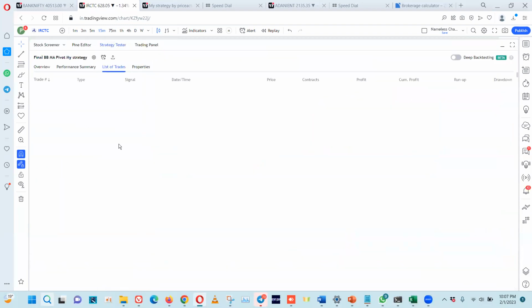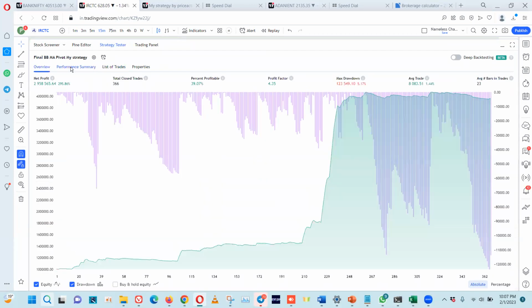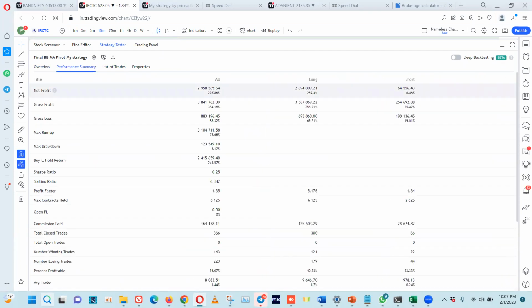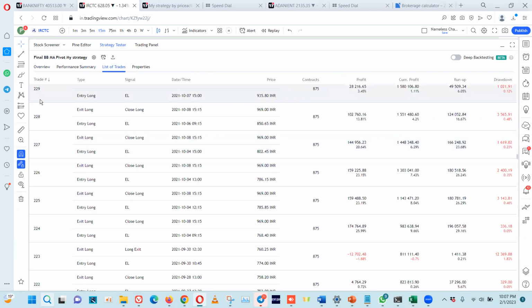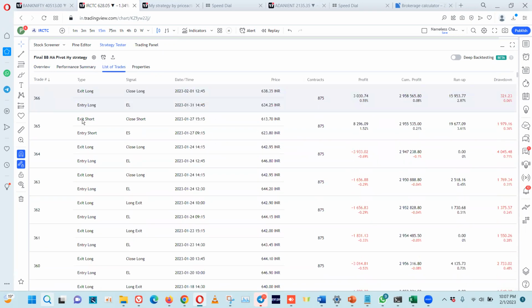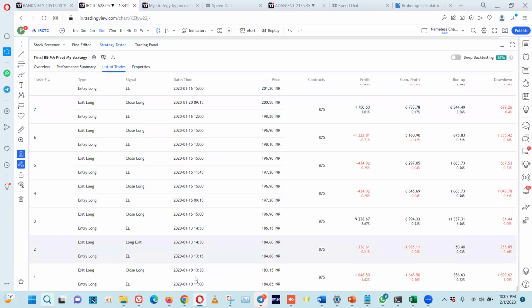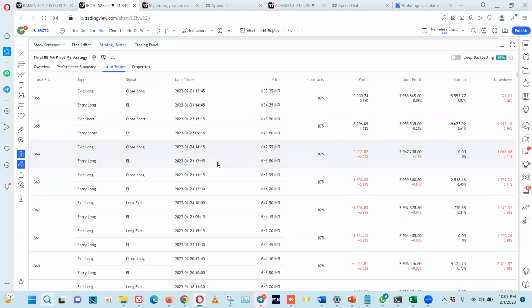That's why I have kept this like this, just to show that it may also be seen, but it may not be practical all the time. So performance, if we see, the outcome is 29 lakh rupees gain, and that is from 366 trades from January 2020. These are not intraday trades, I think. No, these are not intraday. All are positional.